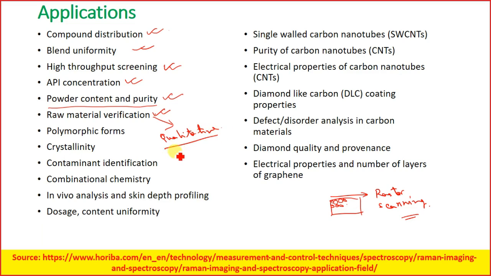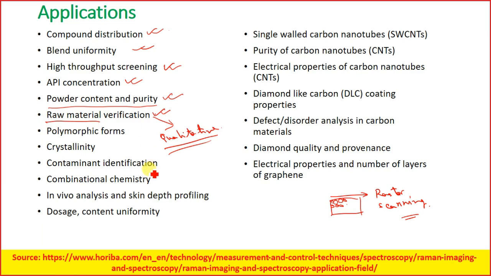Over here, as I told you before, the lines which are formed are specific to a molecule. So from the position at which you get the peaks, you can understand whether the material is the same material as proposed or a different material.